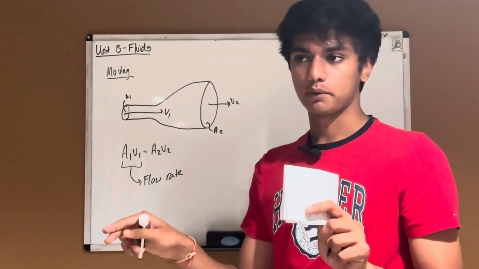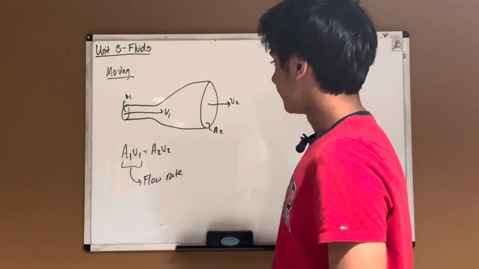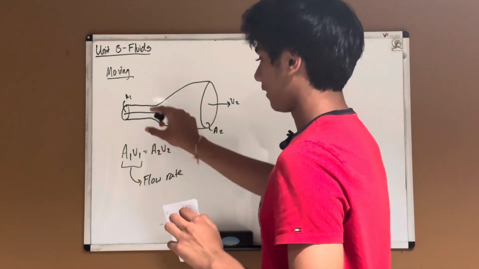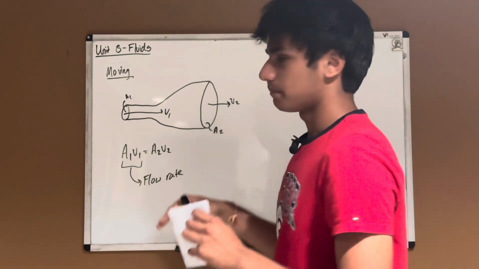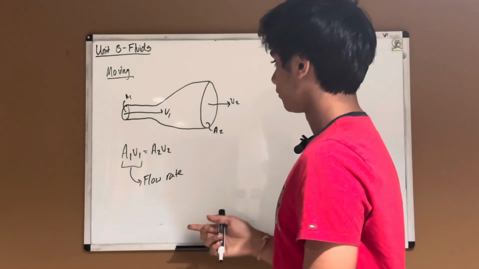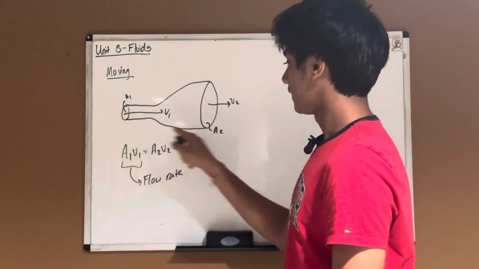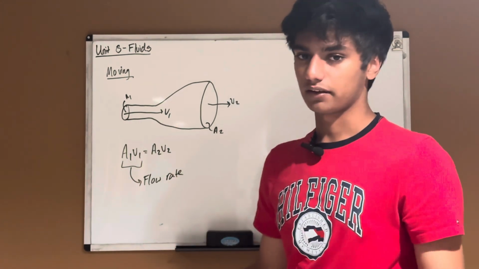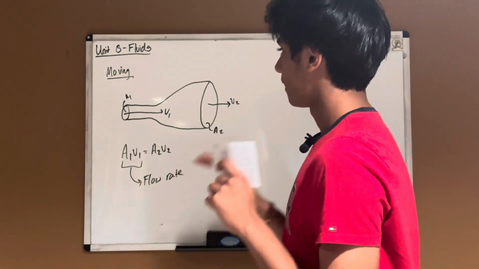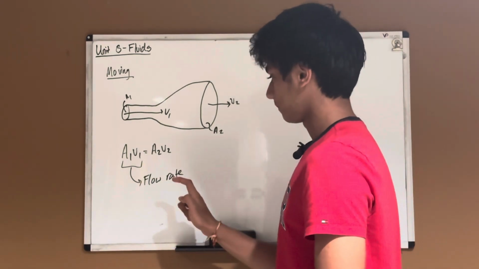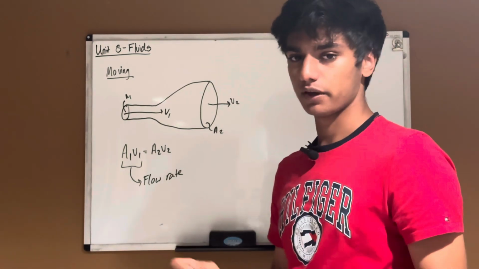If we have a pipe and we have a fluid flowing through it, it has to be the same amount of fluid here and here based on mass conservation. And so because of that, the flow rate has to be the same here and here because, again, the conservation of mass, we have to have mass dispersed throughout the system, and therefore this equation holds true.